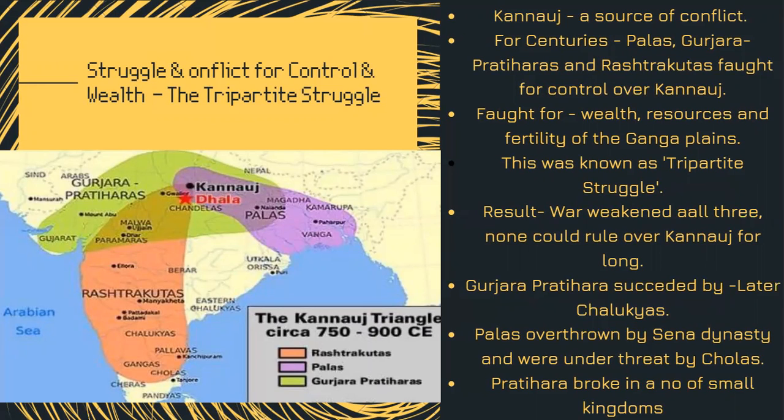Now, why would people want such a fertile area? Fertile means good irrigation, means good agriculture, right? You can grow a lot, as well as you can grow as a kingdom because you have a lot more with you, right? So everybody wanted to take over Kannauj because this is one hot spot, right?